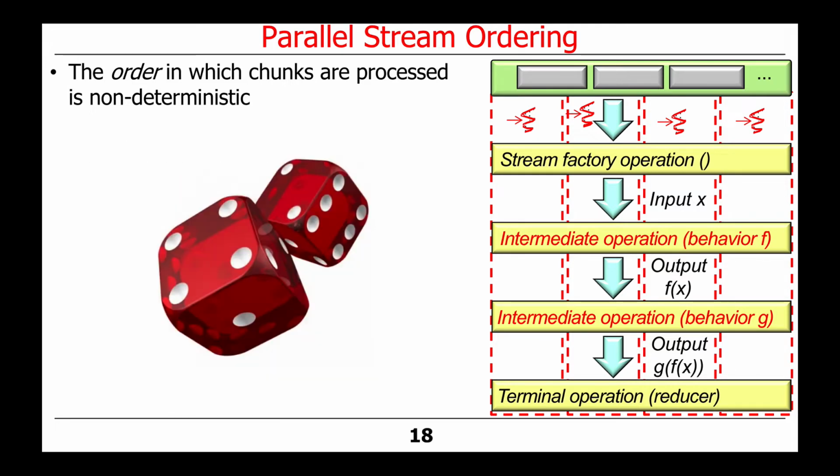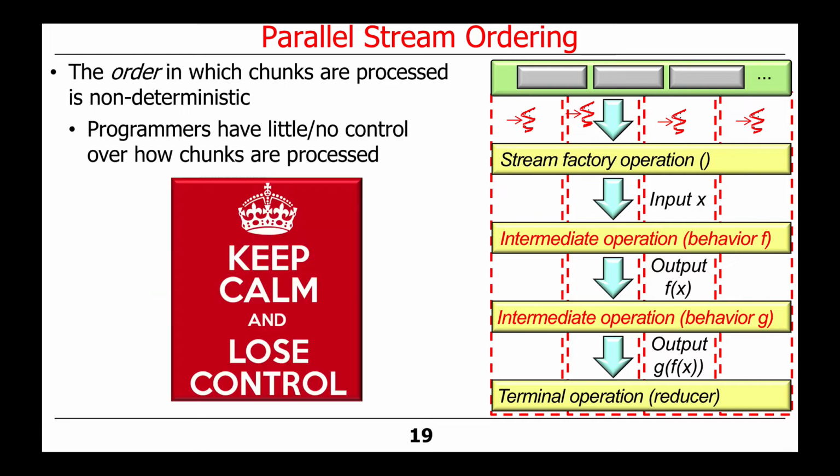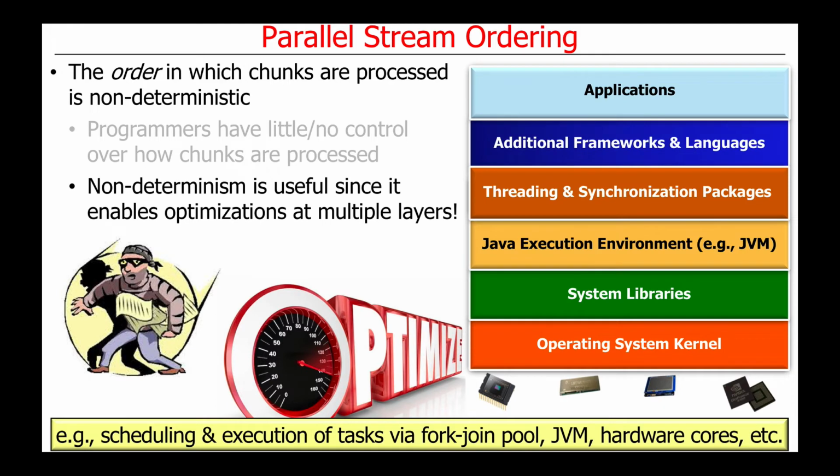That's just a fancy way of saying you have no control over it, and it's intentionally designed to run by whatever means makes the most sense to the fork join pool, the operating system kernel, the underlying hardware cores, et cetera. Programmers have little or no control over how these chunks are processed. So you just have to suck it up and deal with it, because you're not going to be able to control that one way or the other.